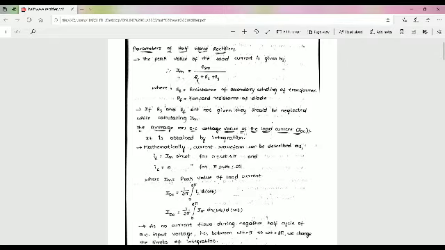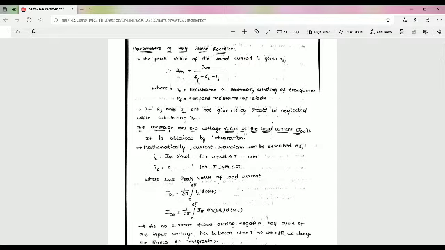As no current flows during the negative half cycle, the limits of integration change to 0 to pi. So IDC equals 1 by 2 pi integration from 0 to pi of Im sin omega t d omega t.